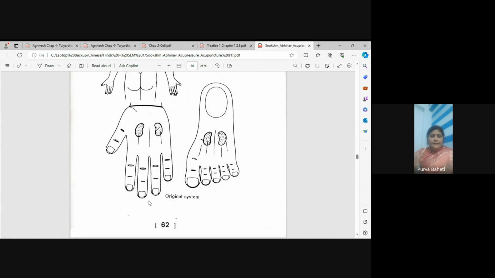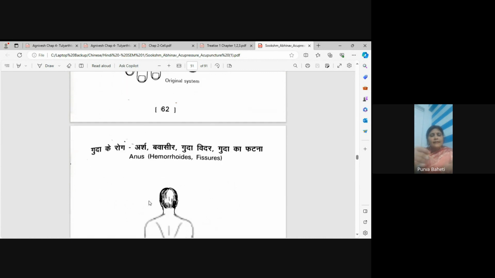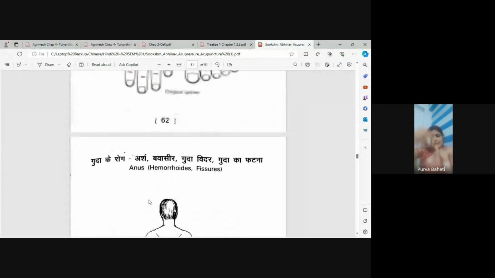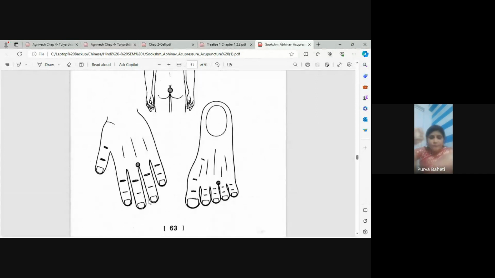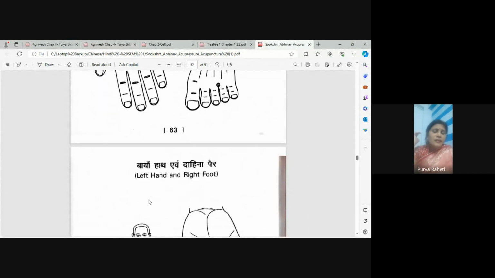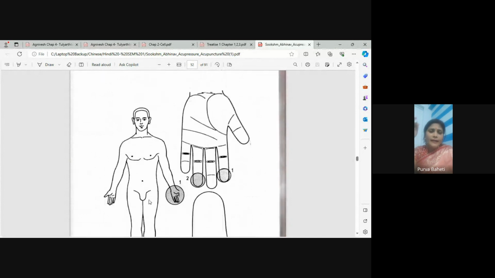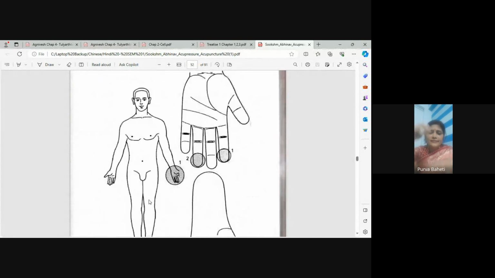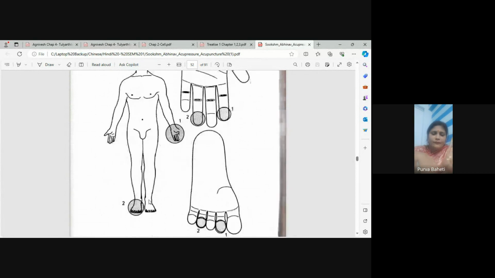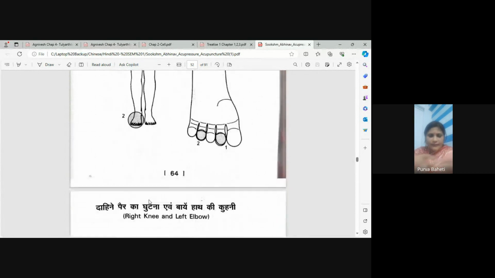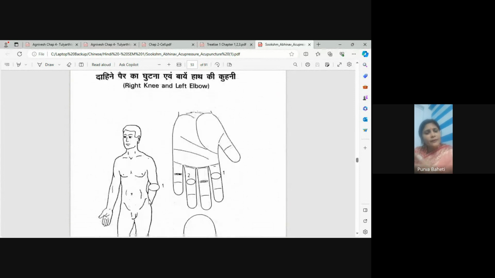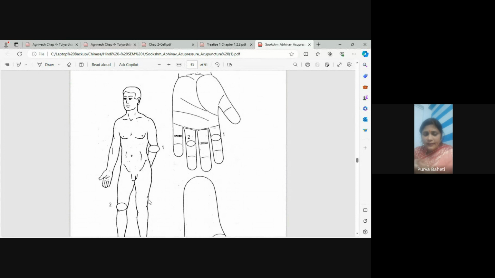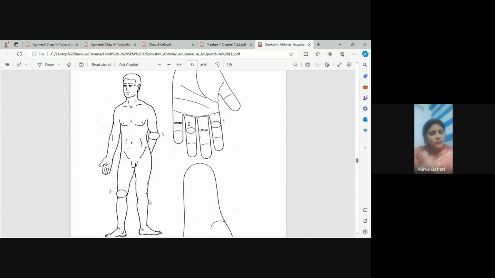Knee. If it's my left knee, this is my left knee. If I'm having a pain in my knee, then this is my left knee and this is my right knee in the left hand, and this is my left knee and this is my right knee in my right hand. But generally, it has been observed that if somebody is having knee pain, it's better to put methi patti on both knees.